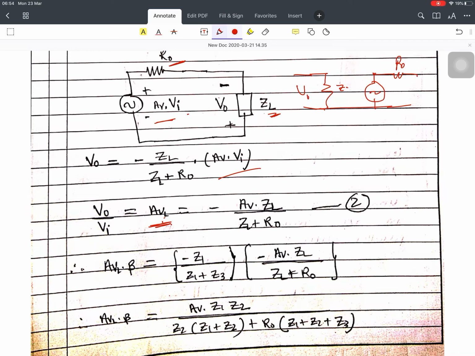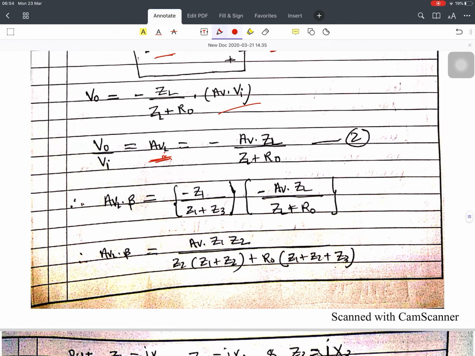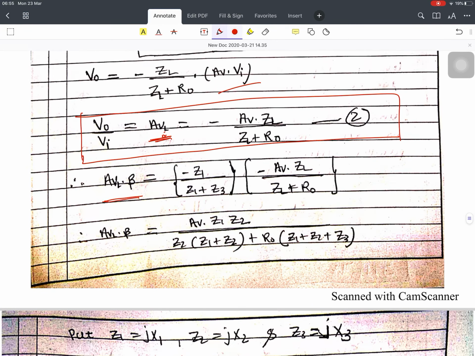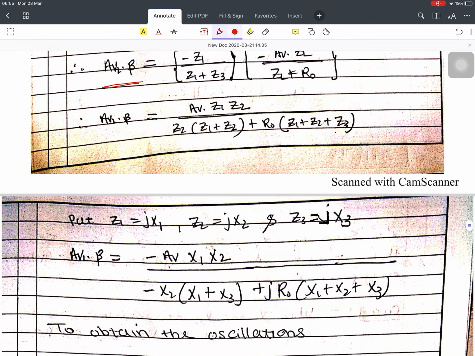AVL is gain with load and Av is gain without load. So I'll get a value of AVL over here. This is my equation number 2. Now I multiply equation 1 and 2, so I'll get AVL into beta. I solve these two equations, multiply them, solve them, and replace it by imaginary term.